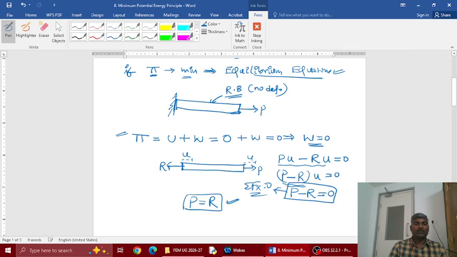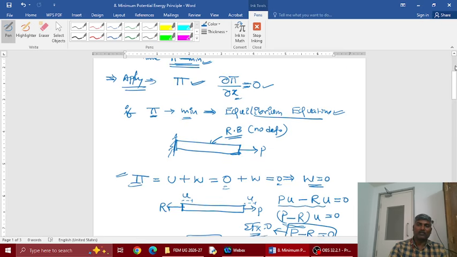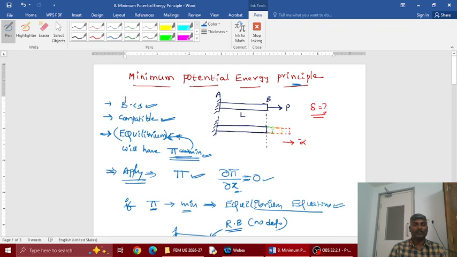So the pi minimum condition, pi equal to 0, you are applying, and you are getting the equilibrium equation. That is what the principle says in the other way. This is the clear understanding of the minimum potential energy principle.